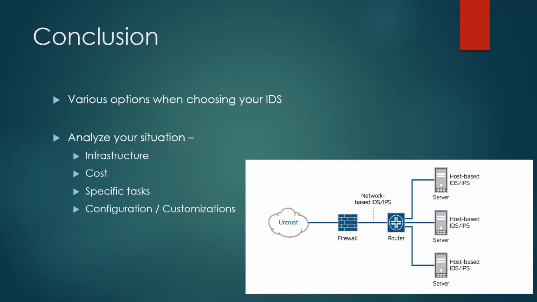Combining and deploying a host-based IDS and IPS on each device will then secure this network even more. As you can see, there are the host-based IDS, IPS on the servers. I feel that this diagram would be my ideal setup in a large-scale network to make sure that I am not allowing any malicious activity to occur.